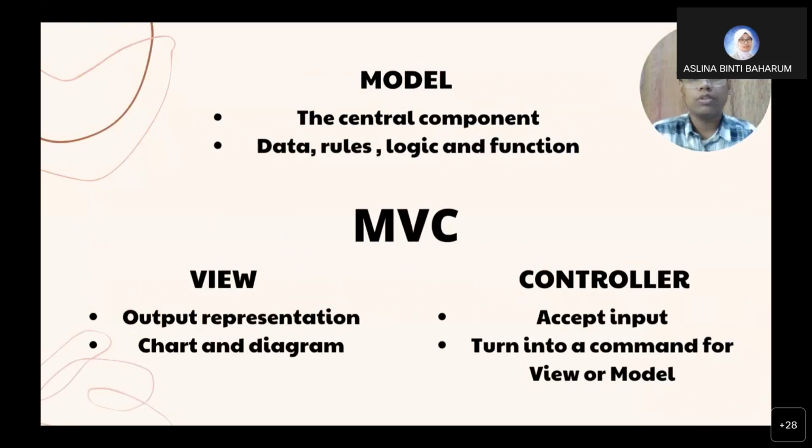So now we're going to go through the MVC meanings. The M is model. The model is the central component, and it consists of the application data, the business rules, the logic, and also the function. The next one is view. View can be any output representation, for example a chart such as a pie chart and bar chart, and also it can be represented in the form of a diagram.